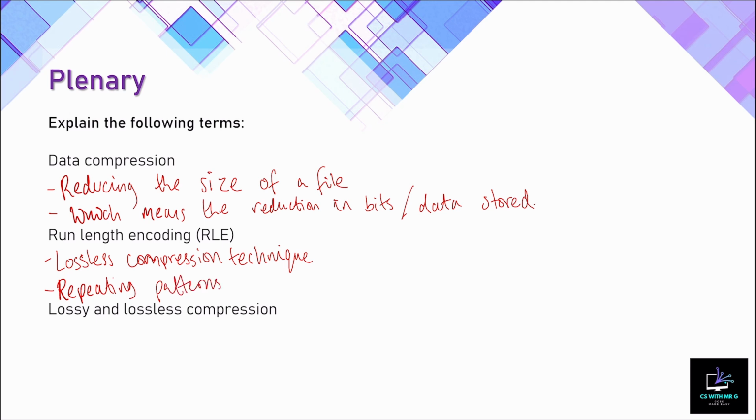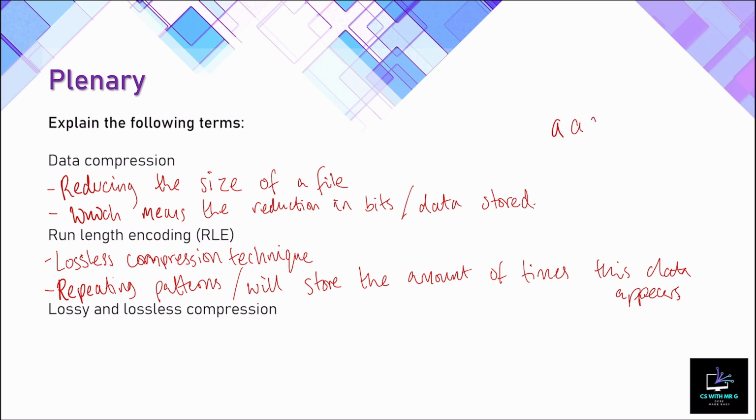Repeating patterns, and will store the amount of times this data appears. And you could give an example there and mention, rather than saving the word A, we'd have 4A instead. So rather than saving each individual letter, we just say that there's 4 A's overall.